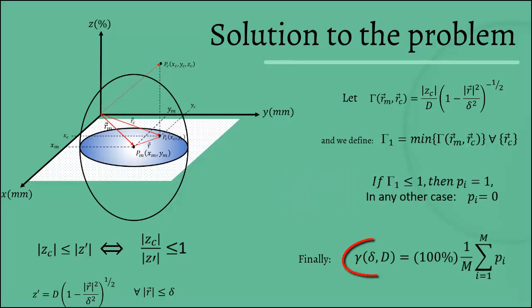Finally, we define gamma, which depends on two parameters, the radius of our circumference and the height of our ellipsoid of revolution. And what we do is add all the positive points, the ones, and divide by the total number of detectors. And finally, we multiply by 100. And that's what we report as our gamma value.